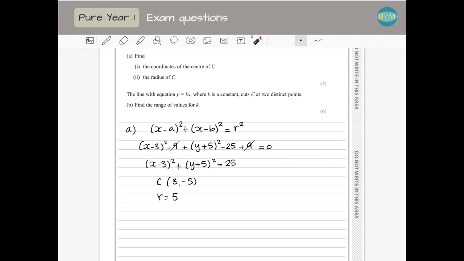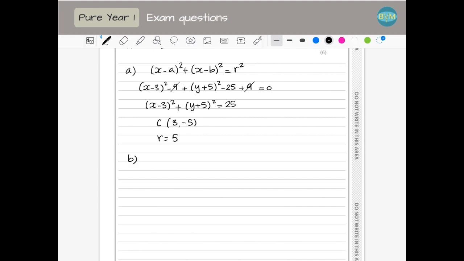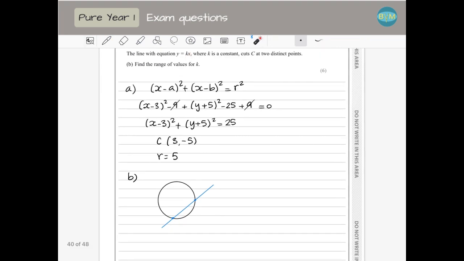Then this one is the one that can be a bit trickier. So the line with equation y equals kx, where k is a constant, cuts C at two distinct points, and we have to find the range of values of k. So we have our circle, and we have a line that cuts the circle in 2 points, and the gradient of this line is k.